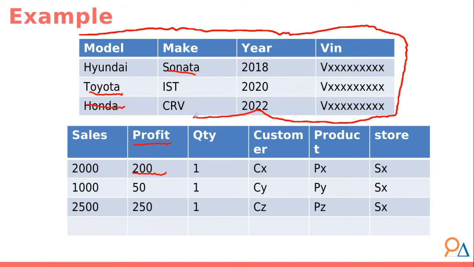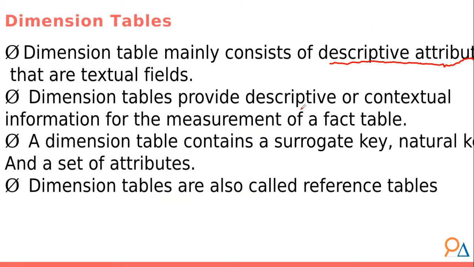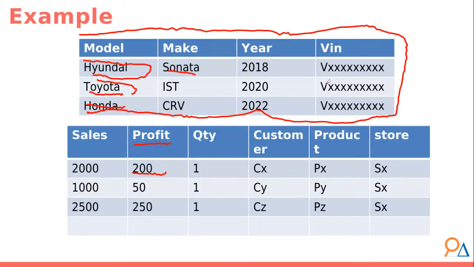This table here, you can see it has only the descriptive attributes. Model, Toyota, see who makes it, and the year, where I think they released this. So that's it. So dimension table simply consists of descriptive attributes like this.